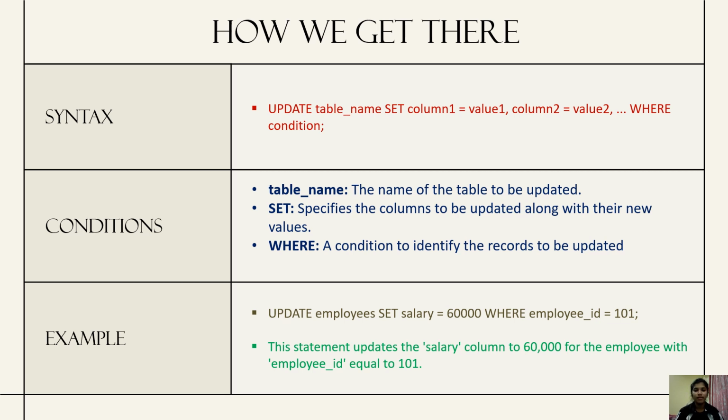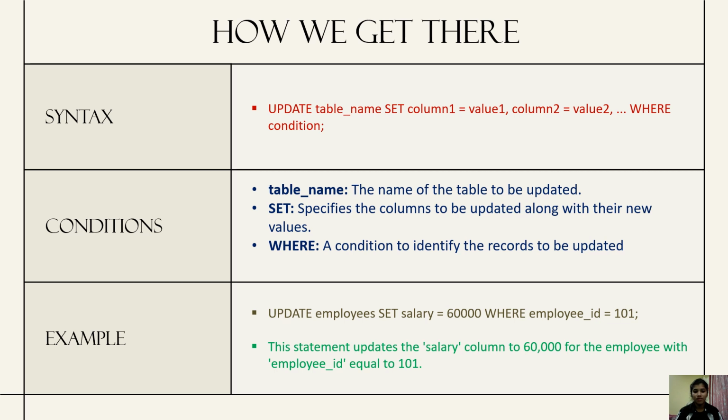Suppose the date is expired; that condition will be put. So we have the table name, which is the table to be updated, SET, which specifies the columns to be updated along with the new values, and WHERE, a condition to identify the record to be updated.